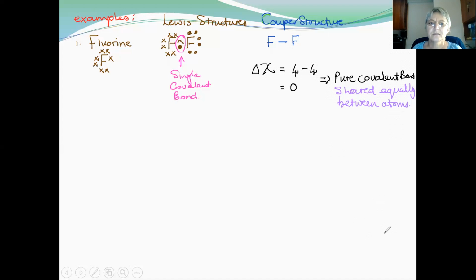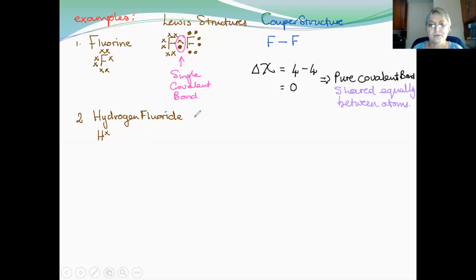Right. You're welcome to pause the video anytime you need to think about things. Number 2, I'm going to work through the example hydrogen fluoride. So hydrogen has 1 valence electron and fluorine's got 7 valence electrons.